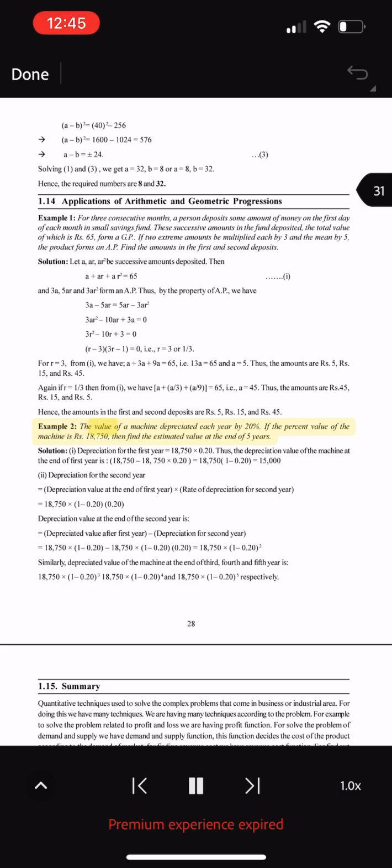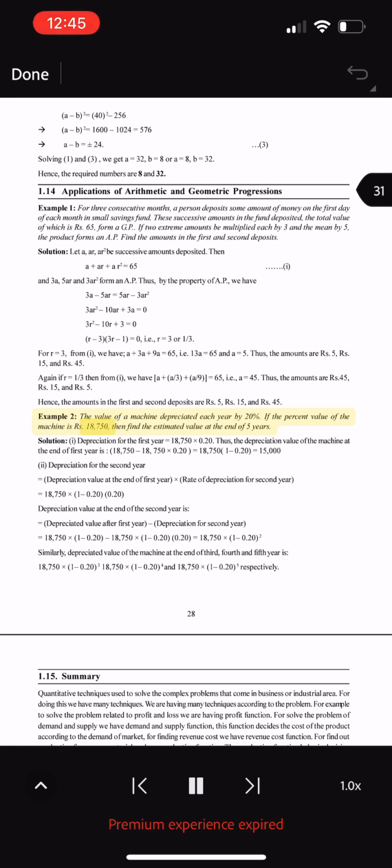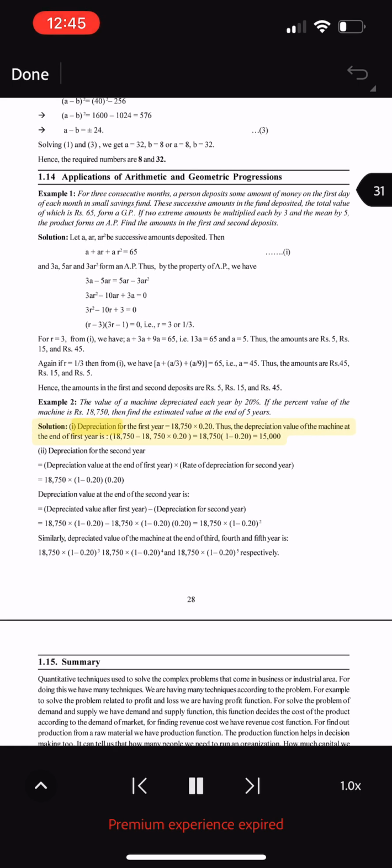Example 2. The value of a machine depreciates each year by 20%. If the present value of the machine is Rs 18,750, then find the estimated value at the end of 5 years. Solution. Depreciation for the first year equals 18,750 times 0.20.